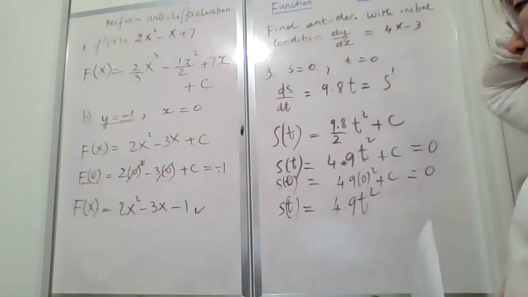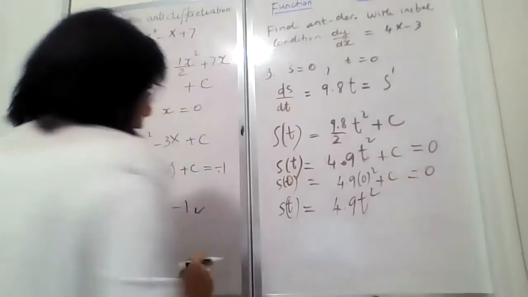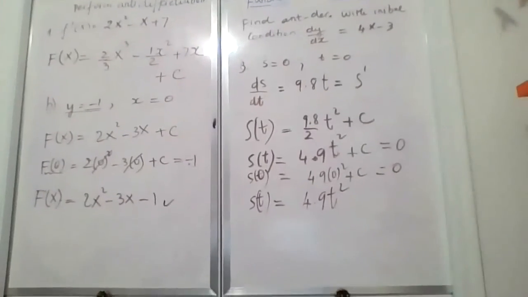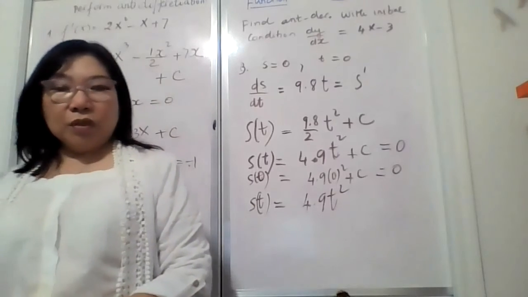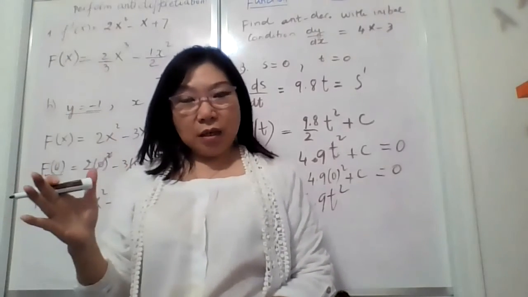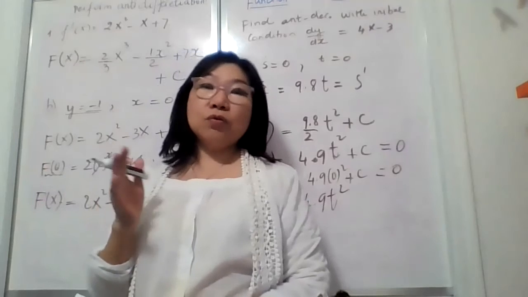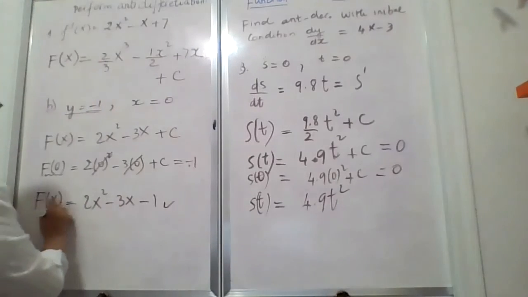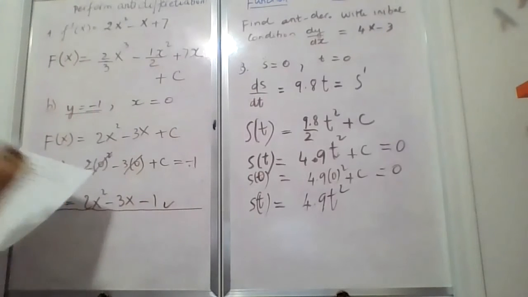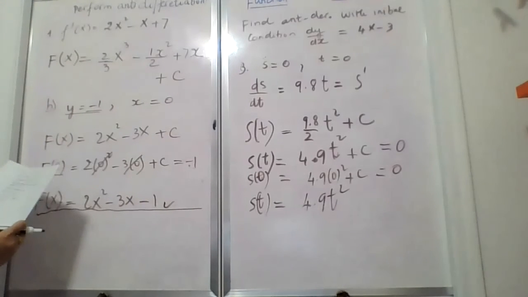So let me give you one last example, because I want to end this lesson so that you can do the practice exercise I give you if you're taking my course, right? So let's do another question. Last question.